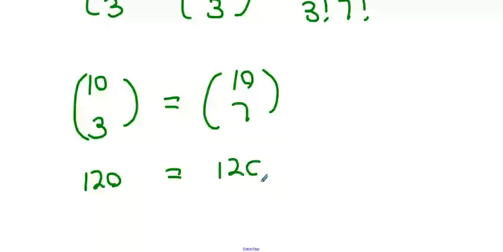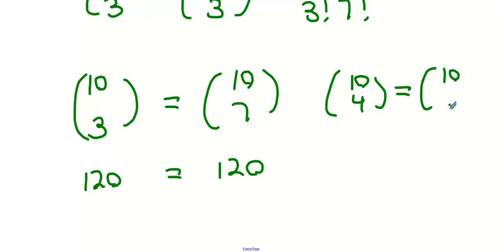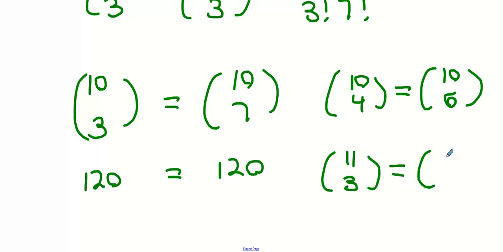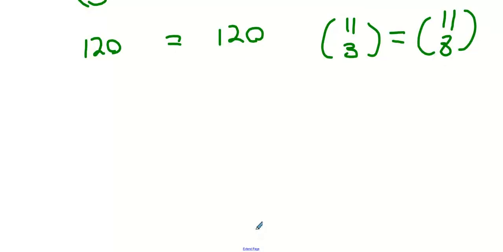By that logic, 10C4 is the same as what? Exactly. All you need to do is take away the number. So another example would be 11C3 is the same as 11C8. It's perfect.